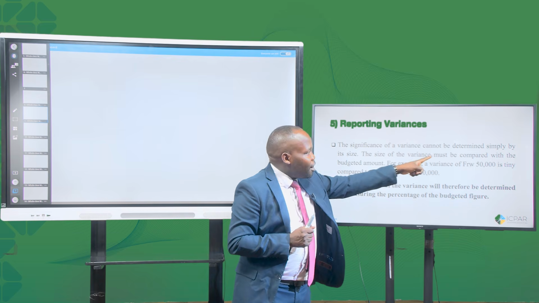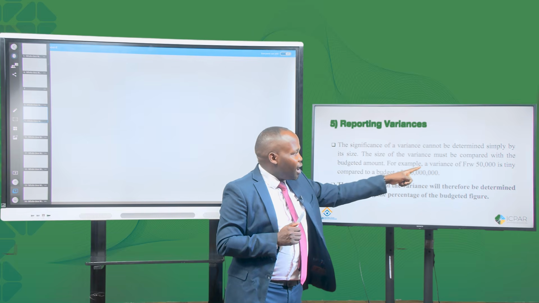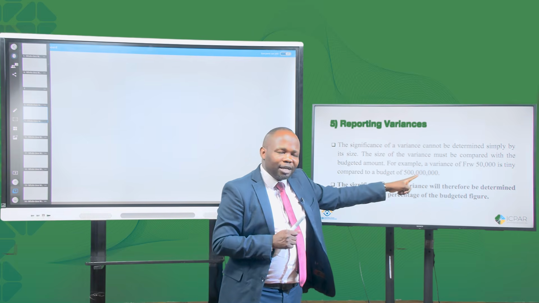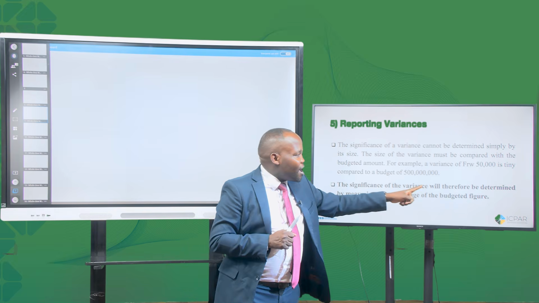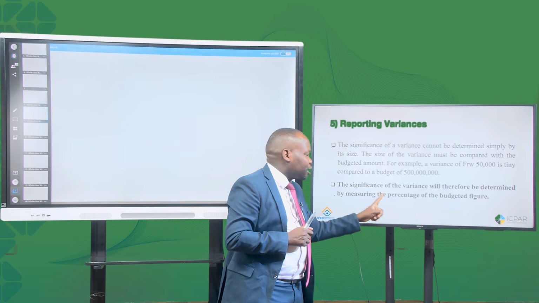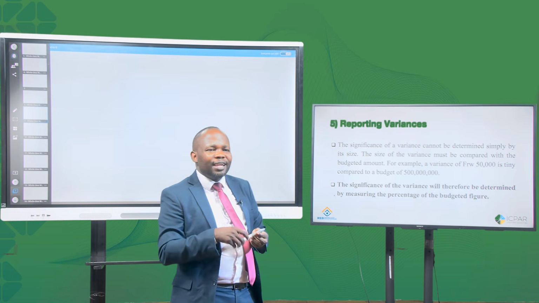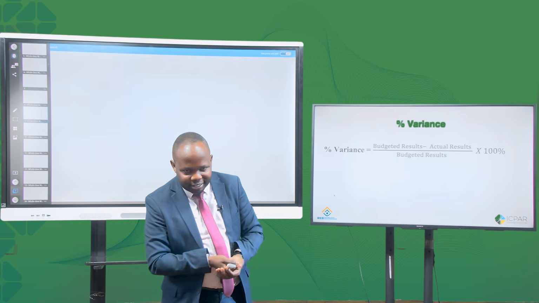The size of the variance must be compared with the budget. For example, a variance of 50,000 is tiny compared to a budget of 500 million. The significance of the variance will therefore be determined by measuring the percentage of the budget figure. So in other words, we need to get the percentage of a variance.